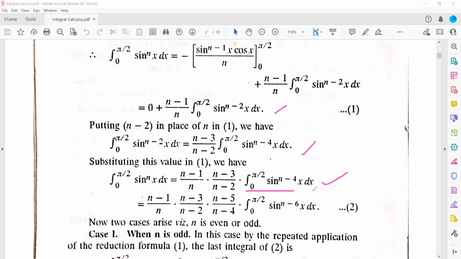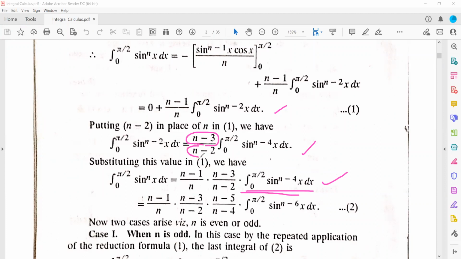Now you need to find out this one again. So what you'll do? In the next line, you can write this n minus 1 by n, this will remain the same, n minus 3 by n minus 2, that will remain the same. Now for this part, again, just to compare with this one, whatever is the value of sine here, after integrating, what you are getting here is this value of n is 1 less than this one, this power of n.